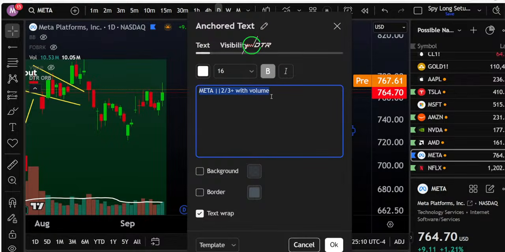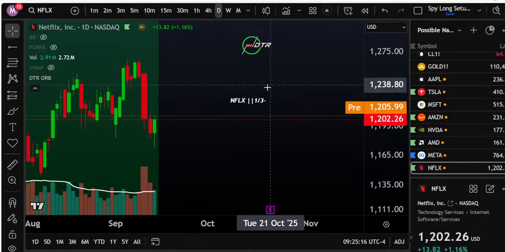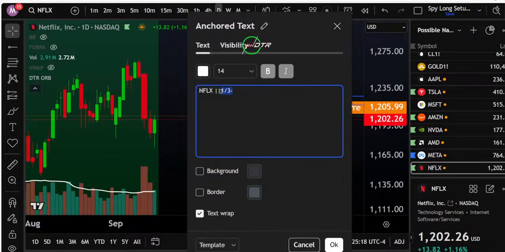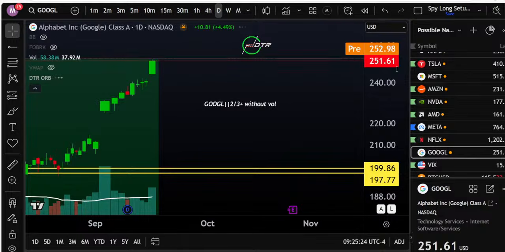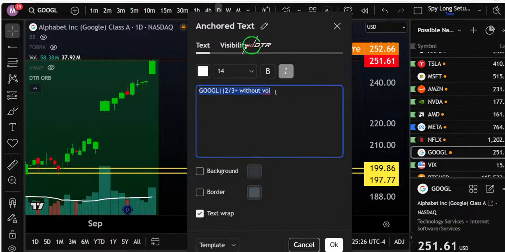Meta 3 for 3, kind of a bit of a fake out. Netflix 2 out of 3 without. Google 3 for 3 to the upside. Beast Google.